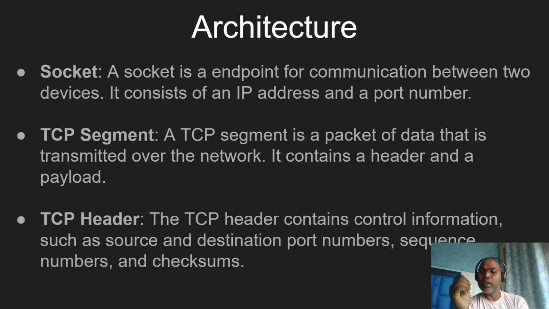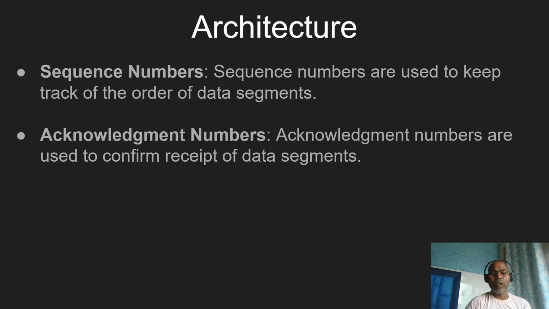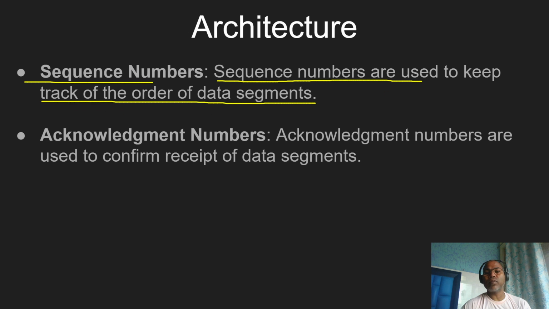They ensure that data is not corrupted, using the checksum, and if there is a problem, they request a retransmit. The header also contains a sequence number, which is used to keep track of the order of data segments.